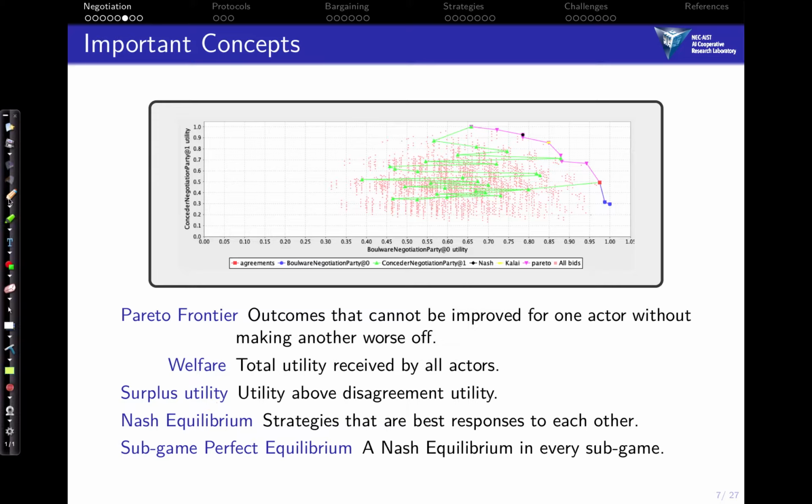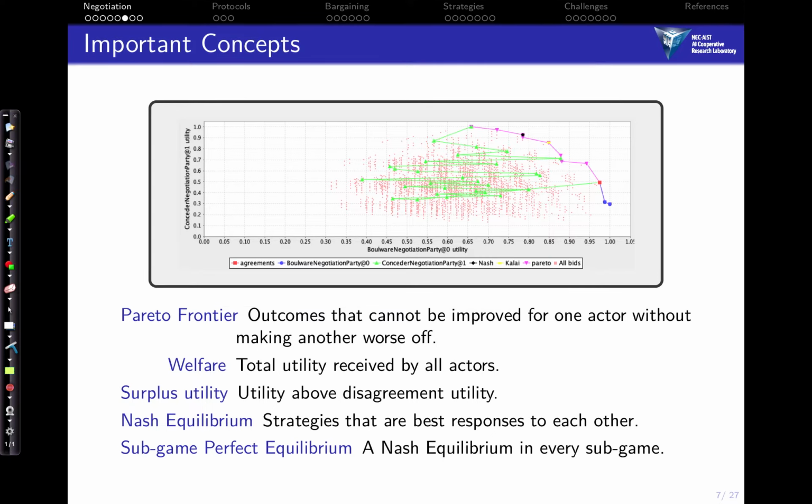So in this case, let's say that before negotiation, this agent knows that it can get this amount of utility. So even if it got disagreement, it can get 0.57 or something. Then any outcome here for it is really bad. It's worse than if they didn't negotiate at all. Okay? Let's say that the agreement was here. So the surplus utility is simply this distance, the difference between the reserved value and the agreement we got. Okay?